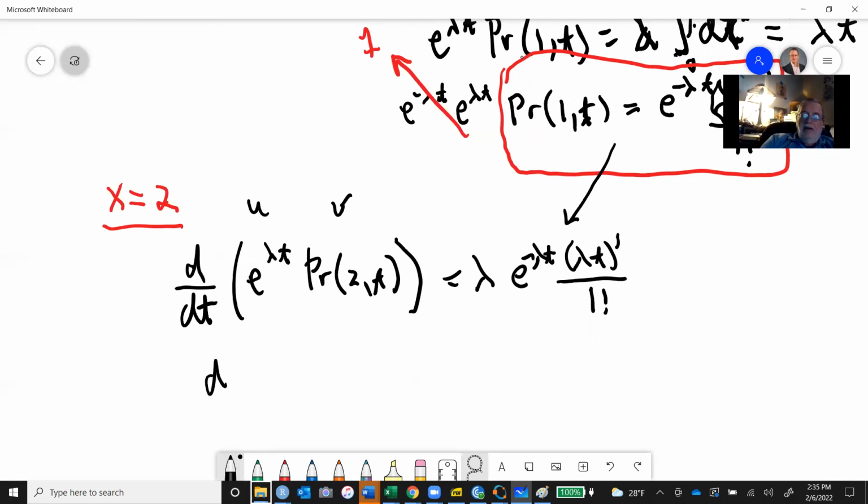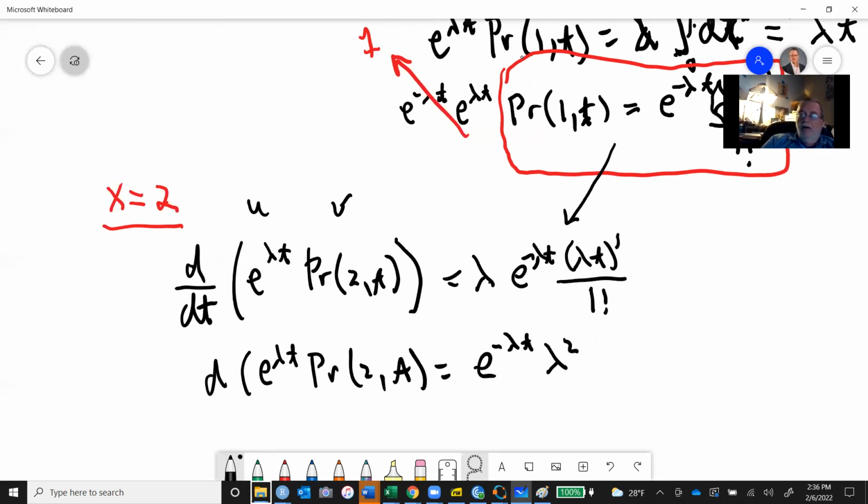So we have d of e to the lambda t times the probability equals, let me just pop this out on this side, lambda times lambda squared t. Those are all constants. T is going to be the thing we integrate again.